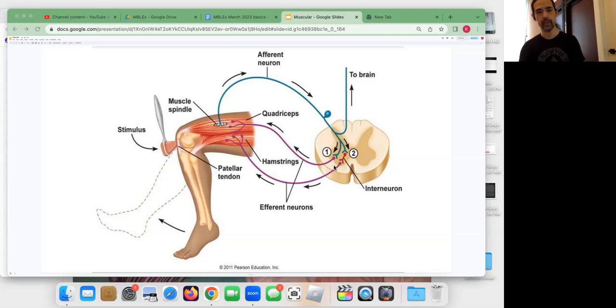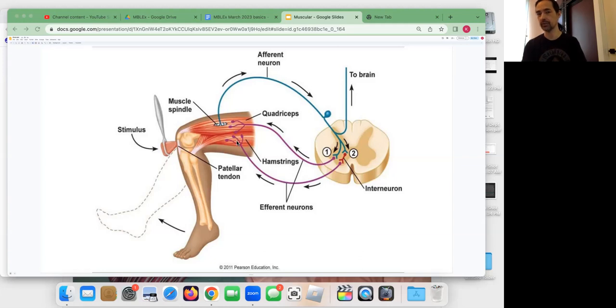Shorten it. In order to make that happen, it sends out two motor impulses, efferent motor impulses. One efferent, exiting, letter E, efferent from the nervous system. One efferent motor impulse goes to the rectus femoris and contracts it. To facilitate the contraction of the rectus femoris, a second motor impulse goes to the hamstrings and inhibits the hamstrings.